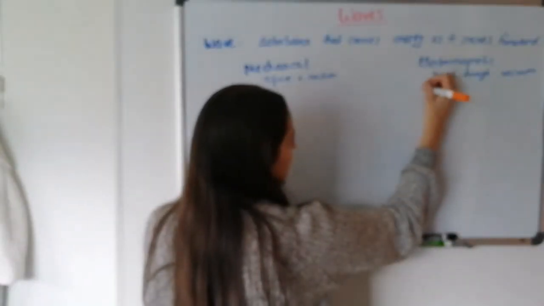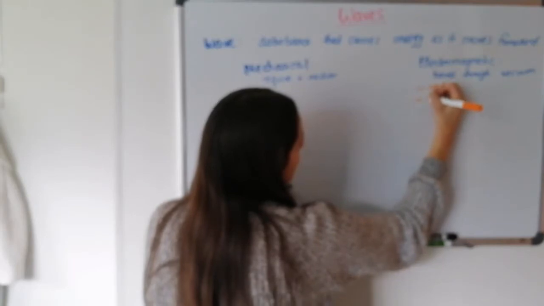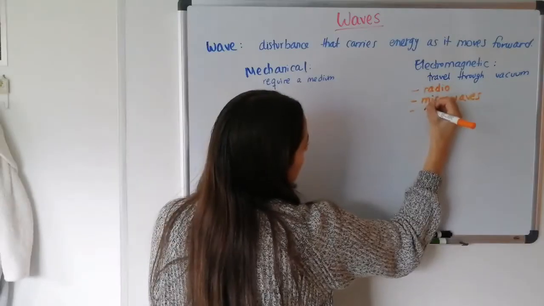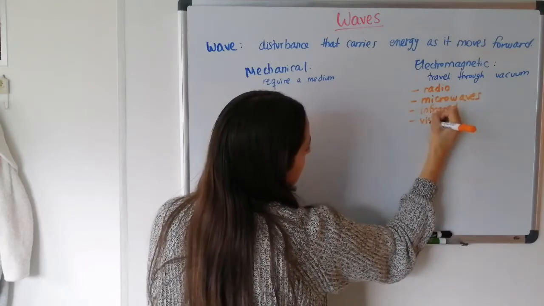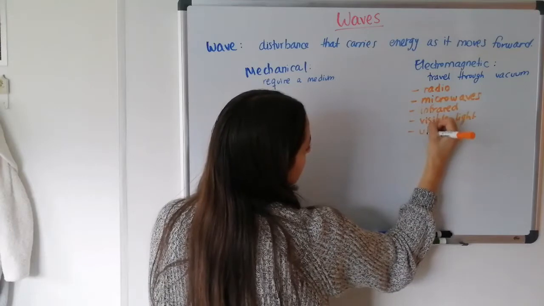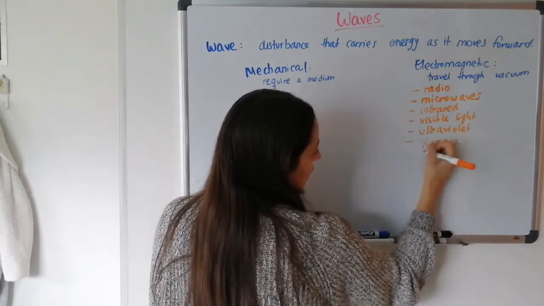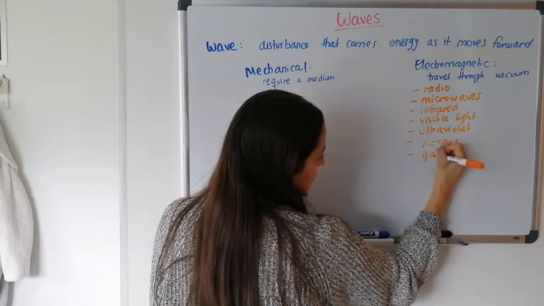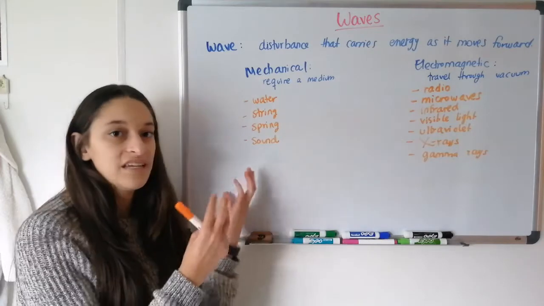In order of least energy to most energy, those are radio waves, microwaves, infrared light, visible light, ultraviolet rays, X-rays, and gamma rays.